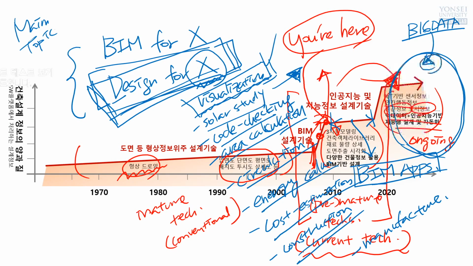I'm very curious about the result. And in my lab with my graduate students and researchers, recently my focus is mostly on this part. Hopefully you can move on to this part after becoming an expert in Revit and BIM.